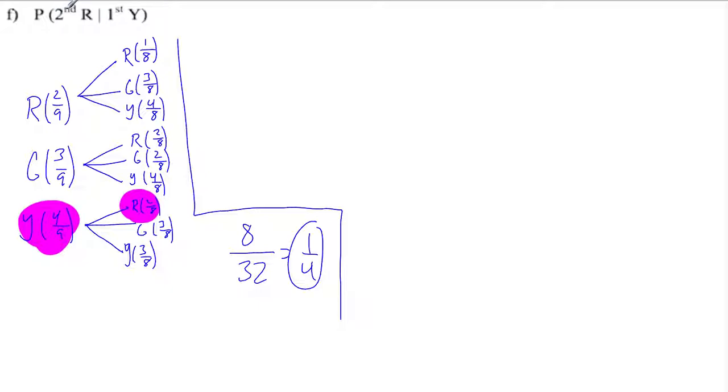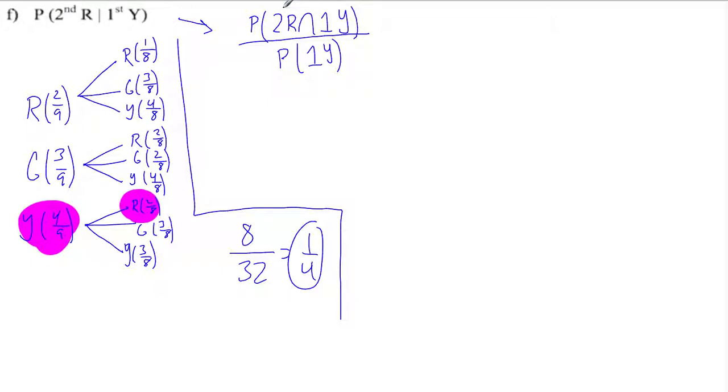If we have the probability of event A given B, that's the same as the probability of A and B over the probability of B. So what we can do is say that the probability of the second red given the first is yellow equals the probability of the second being red and the first being yellow, and we're going to divide this by the probability that the first is yellow.